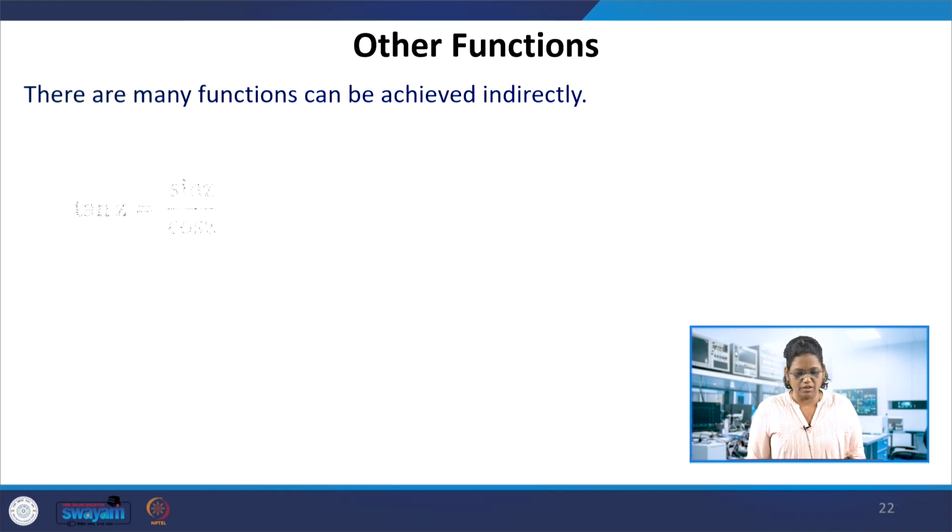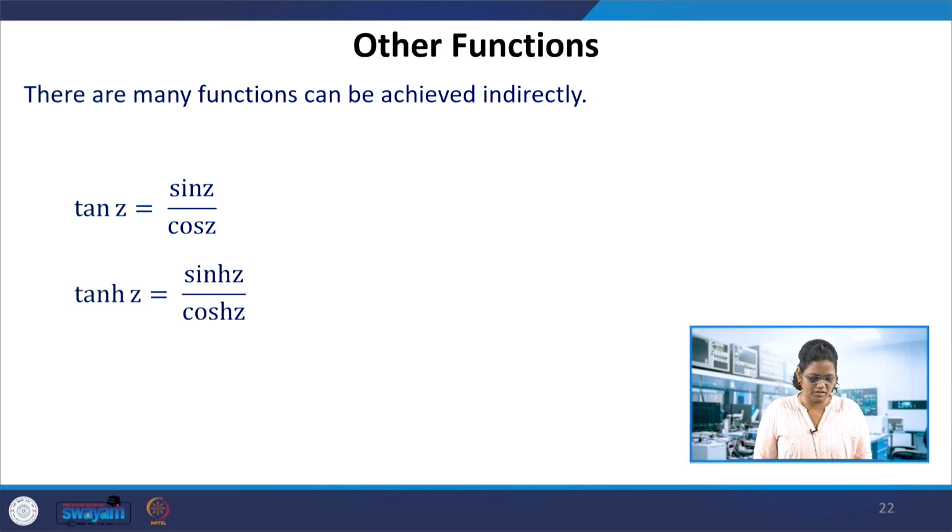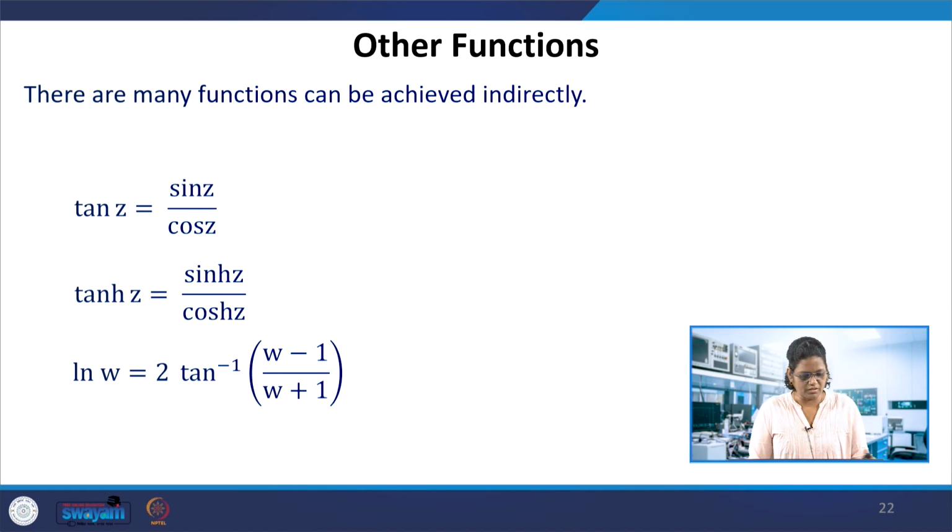Apart from that, once we have sin z and cos z, tan z can be computed, and tan h z can be computed. We have this in the hyperbolic, that is, this is in the rotation mode of the circular coordinate, and this is the hyperbolic, and tan inverse of (w minus 1)/(w plus 1) can also be obtained.